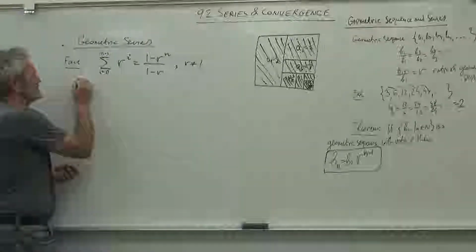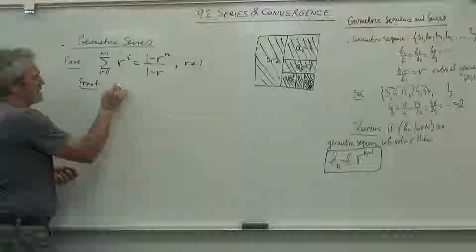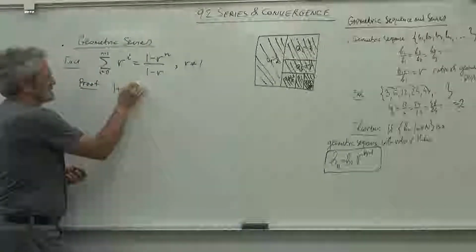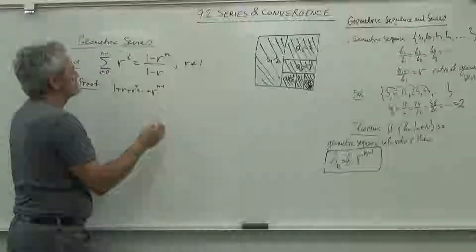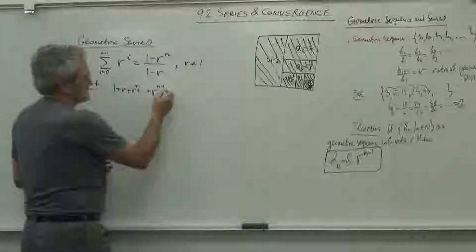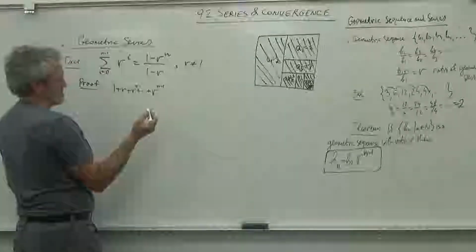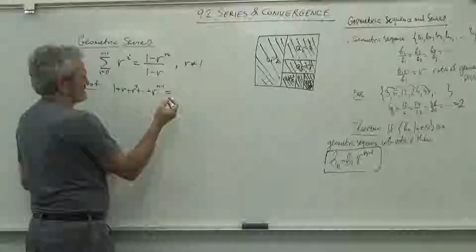So let me prove the fact. The proof is fairly simple. What's this? 1 plus R plus R squared, up to R to the n minus 1. And I want to show that that's what it is. I will call this S. Is that healthy?